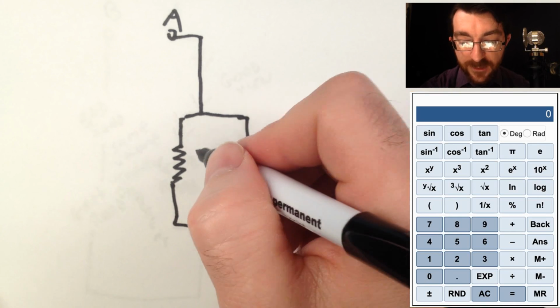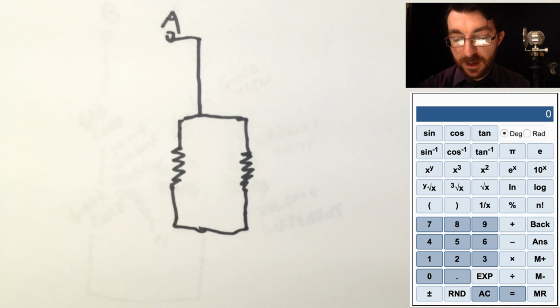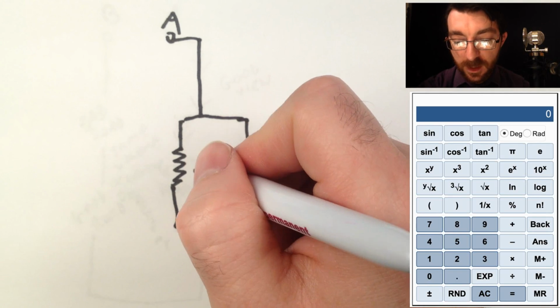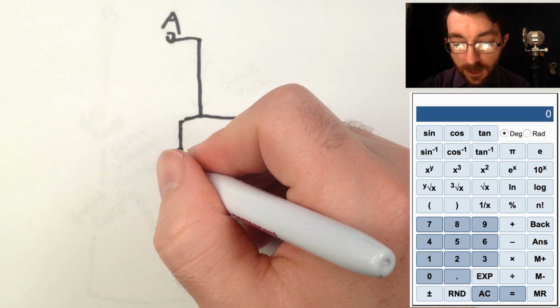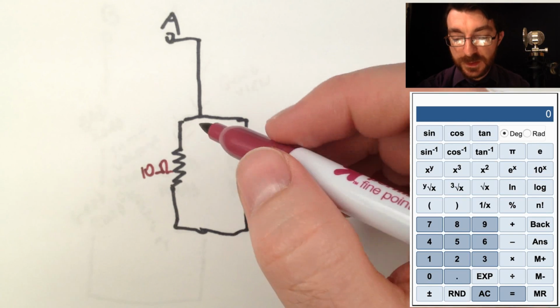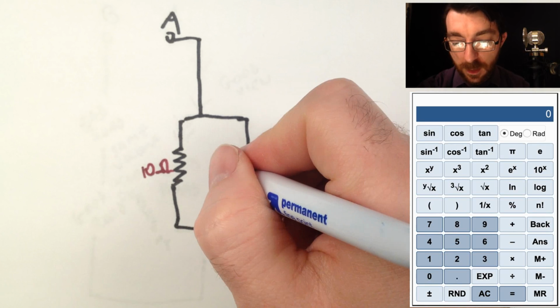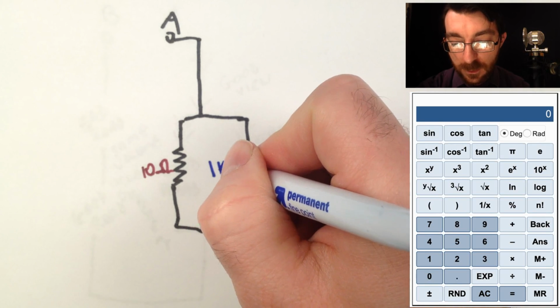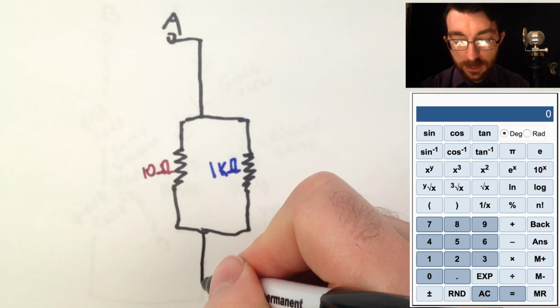This one is going to have a low resistance. This one is going to have a high resistance. Let me actually put some numbers in there. Let's just make it be 10 ohms, and this one can be 1,000 ohms. 1 kilo ohm.